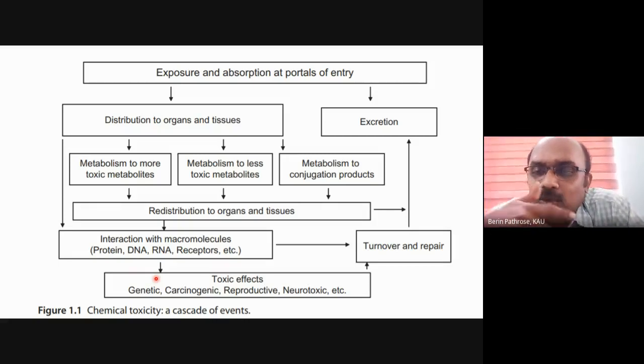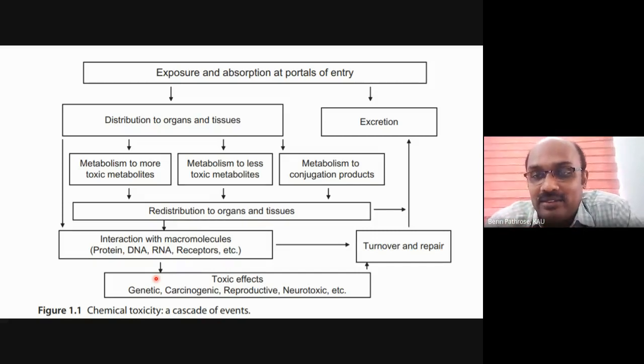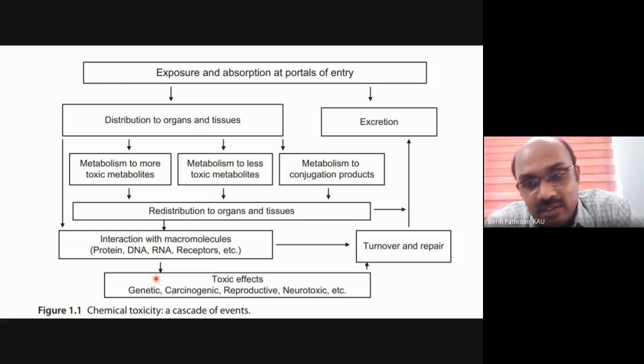So randomly some mutation can occur, and the body and the cell has its own repair mechanism to overcome this mutation. It will correct it, it will repair it. Almost all organisms have a repair mechanism of their own. So any damage to the macromolecule caused by the pesticide can be repaired by the body itself.